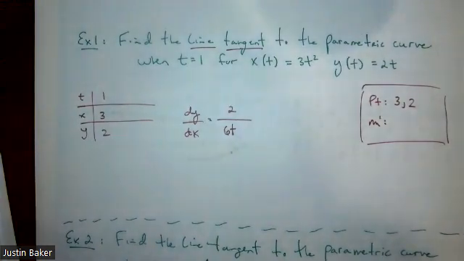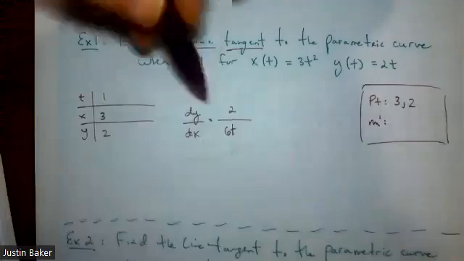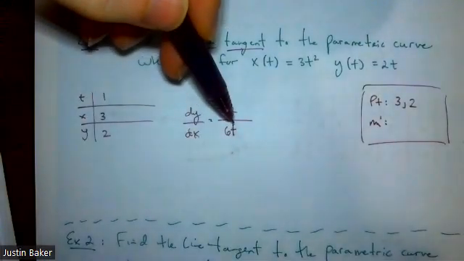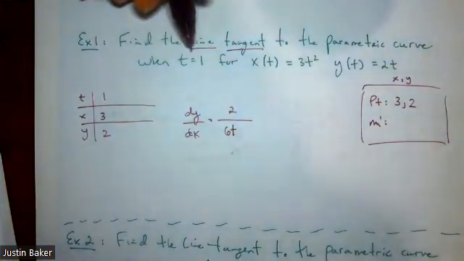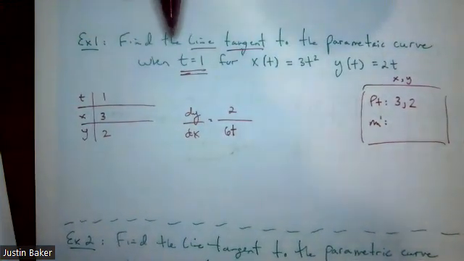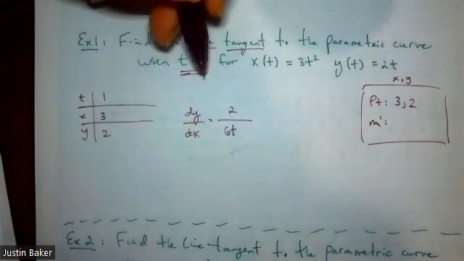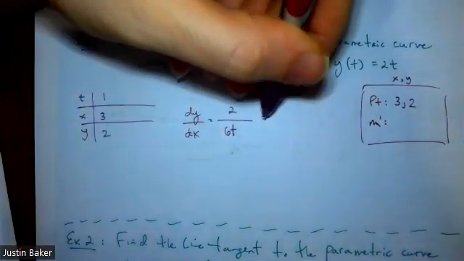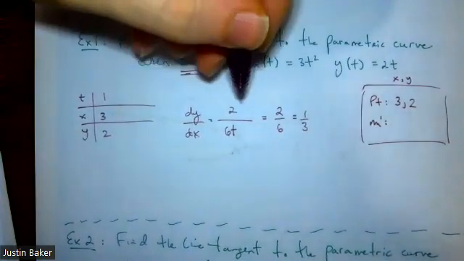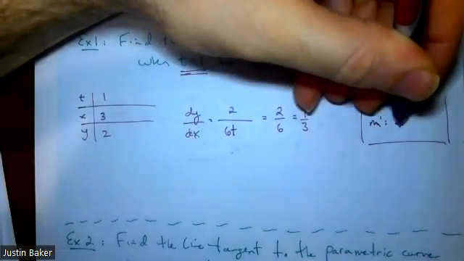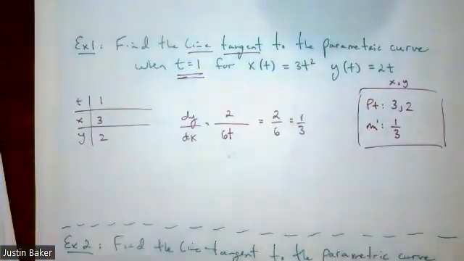And then what do we do with derivatives? We plug in the value. But here's where we got to be careful, guys. What variable do we got here? This is a t. This is x and y. The t value in this problem is 1. So this is going to give us 2 over 6, which is 1/3. So our slope is 1/3.